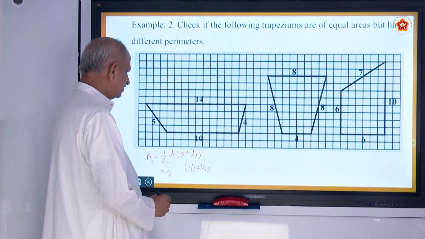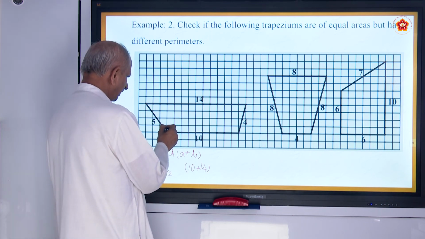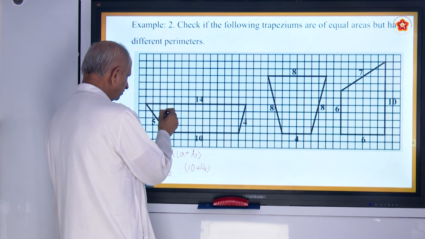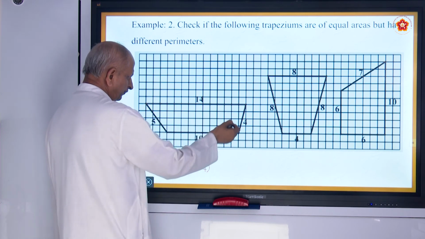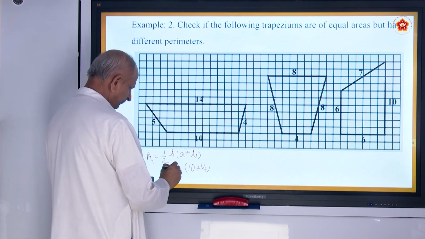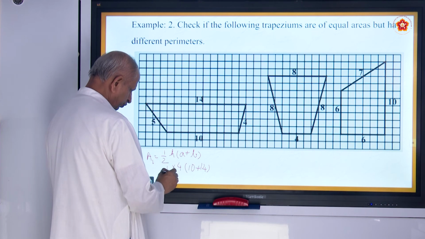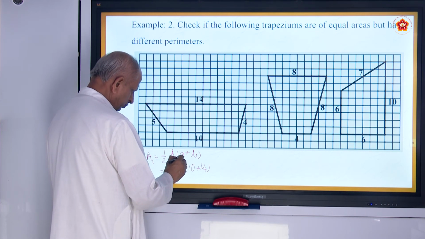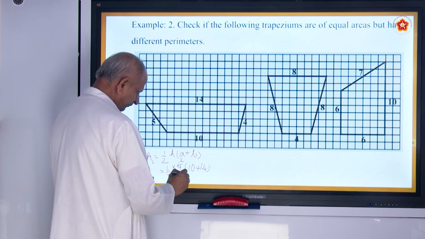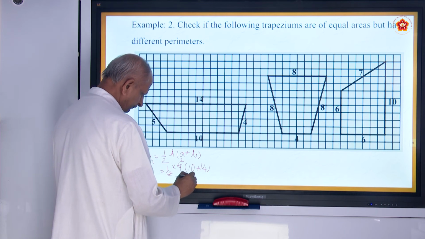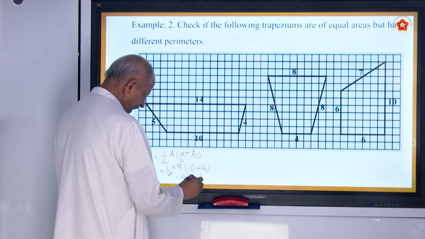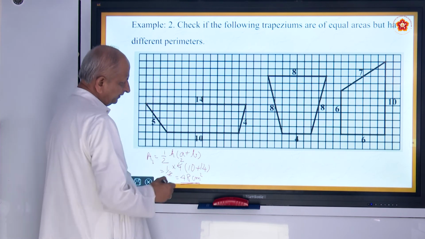How to find out H? You must see the height here. 1, 2, 3, 4. Here also 4. So, height becomes 4. So, 2 ones are 2, 2 twos are 2 into 4, 24, 48. That is the area of the first trapezium.